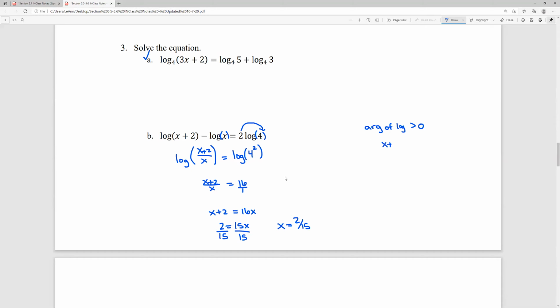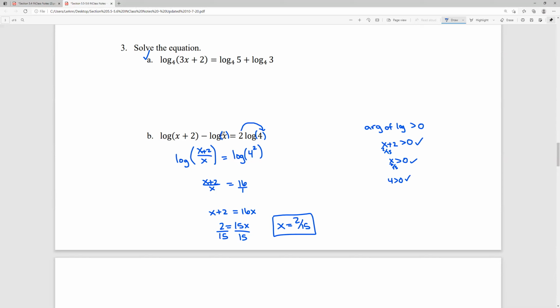So we need to make sure that our answer keeps x plus 2 greater than 0, x greater than 0, and the last argument was a 4, which is naturally greater than 0. So if we plug in 2/15 for each of these, we need to check that that makes sense. 2/15 plus 2 is definitely positive. That's okay. 2/15 by itself is positive. So again, this solution works just fine.